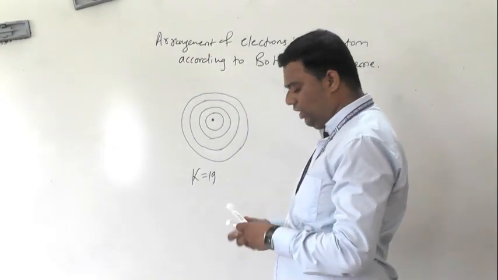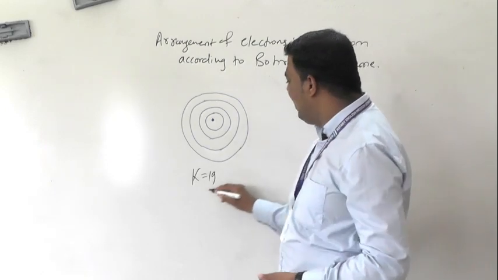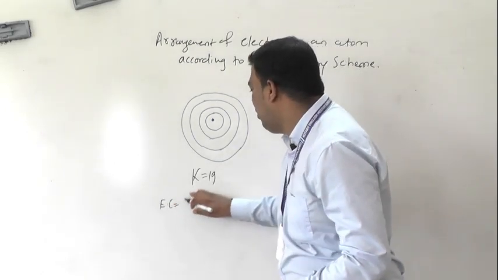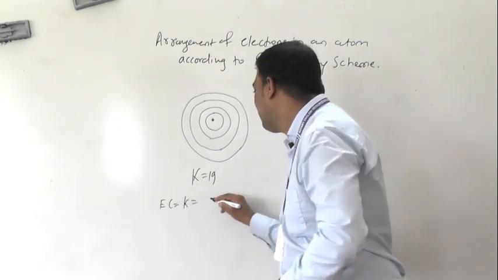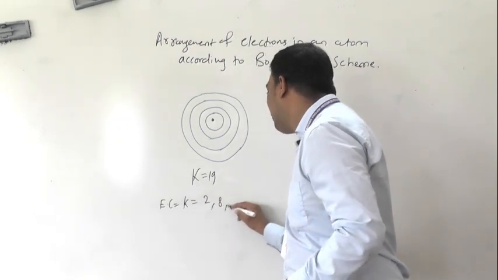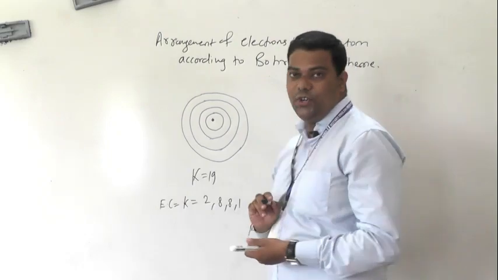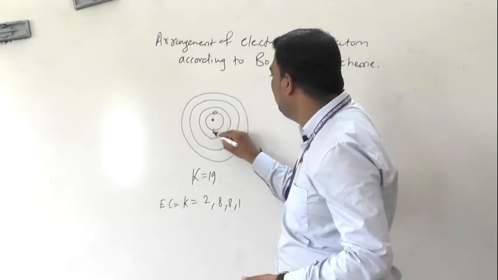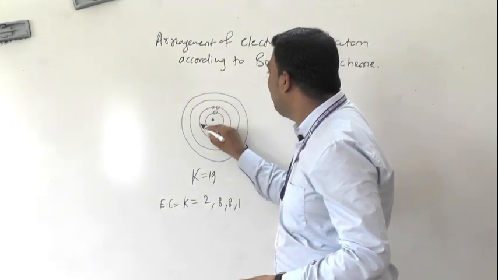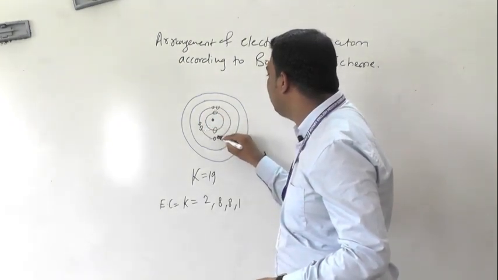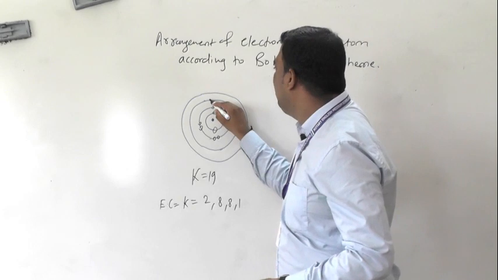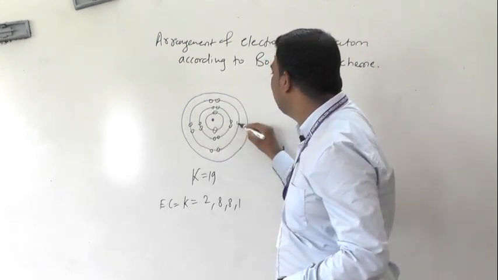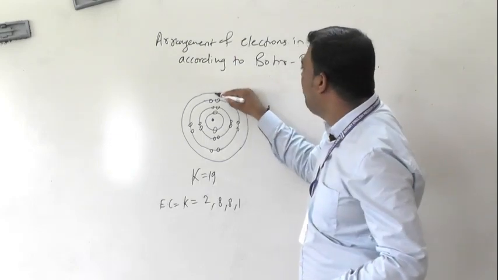The electronic configuration of potassium is 2, 8, 8, 1. First these two, then 8, then again 8, and the last is 1.